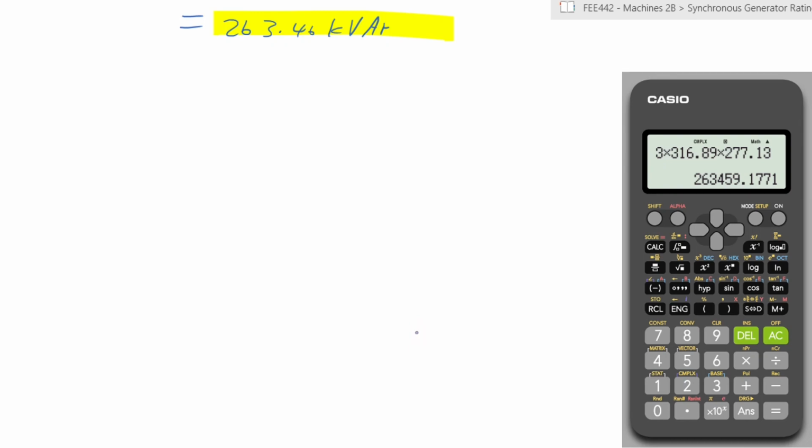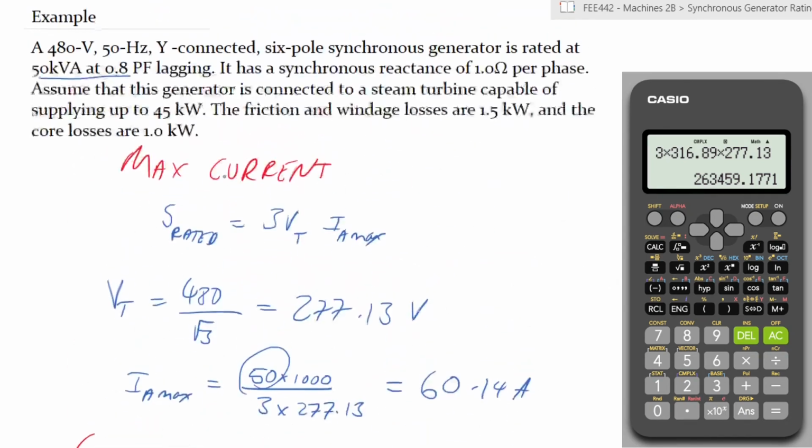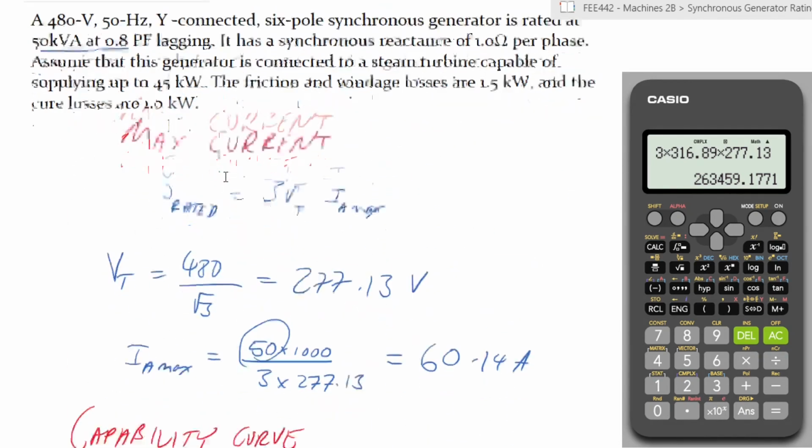One more thing we need to do is maximum output, which is given by maximum input from the generator minus mechanical losses minus core losses, right? So maximum input from the generator was given by 45 kilowatts.